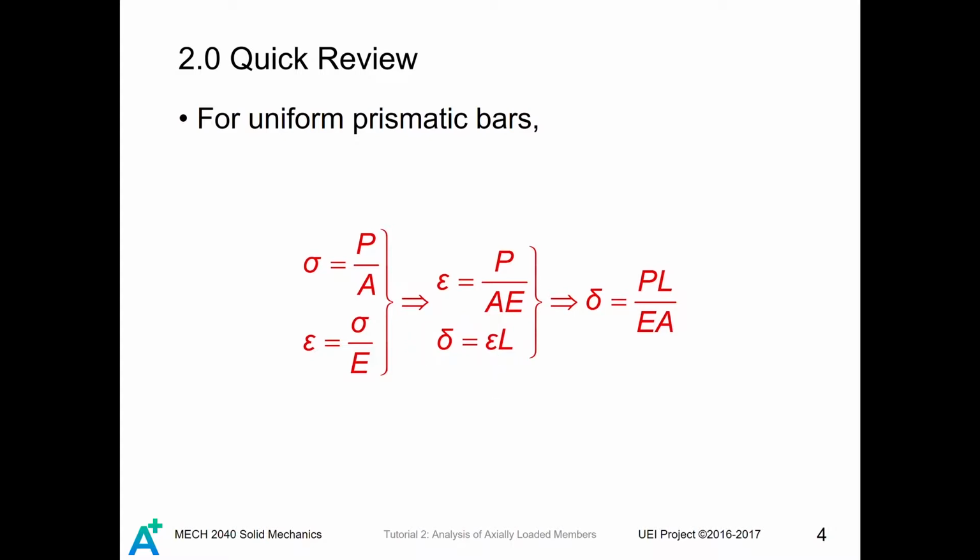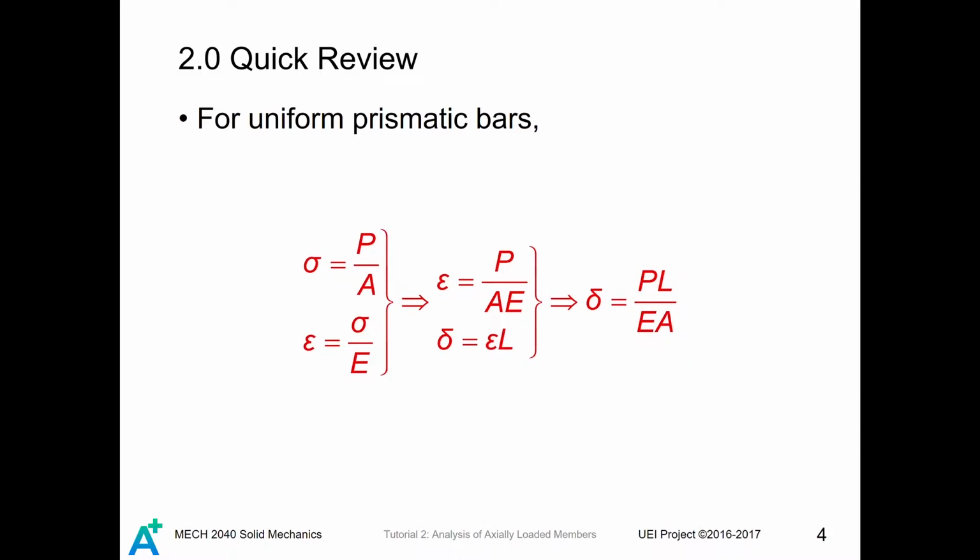Then we have the change of length, or the deformation formula, which is PL divided by EA. Still remember, how did we memorize this formula? PL par, right? So just remember, don't write the formula as L par, then that's totally wrong. Okay. So PL divided by EA, PL par.